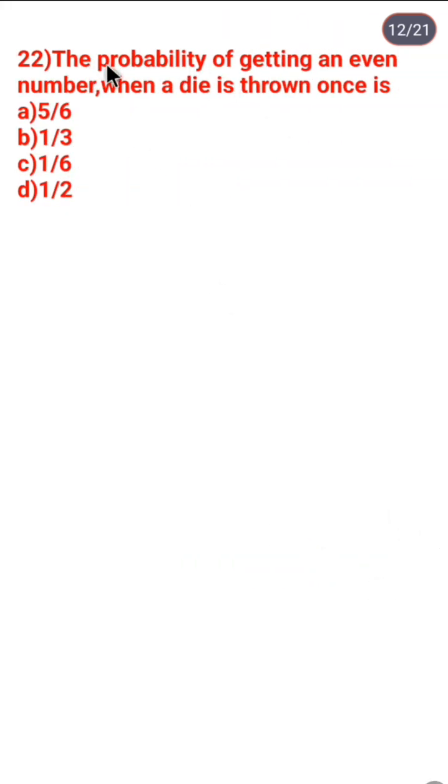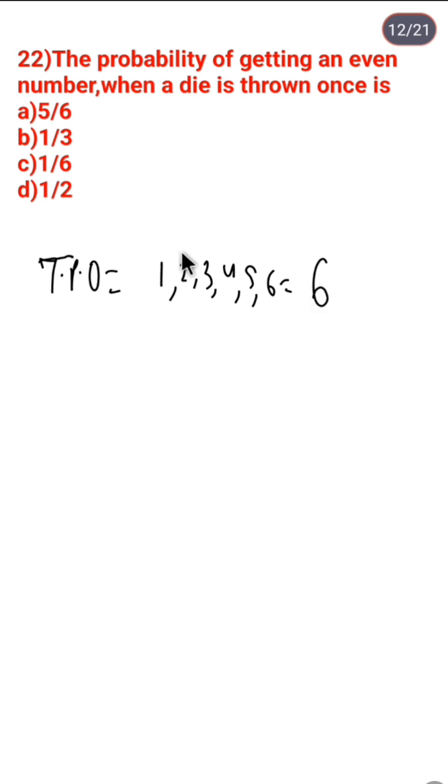the probability of getting an even number when a die is thrown once is the same. Let's see, what are the total possible outcomes? Now the probability of getting an even number when a die is thrown once. Same thing. Total possible outcomes is 6 and the favorable outcomes for an even number are 2, 4 and 6.